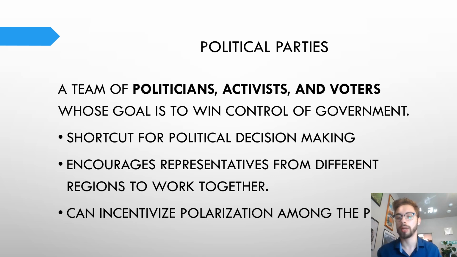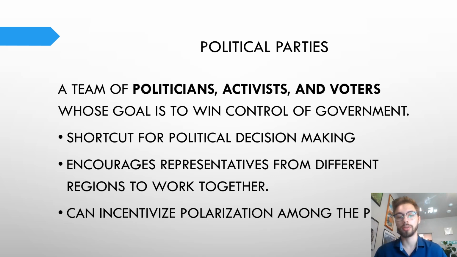Well, you can use your party identification as a shortcut to understanding what you are most likely to identify as the adequate policy position for that issue. So many people within American politics use political parties as a shortcut for political decision making regarding issues that they do not engage with as heavily as others.